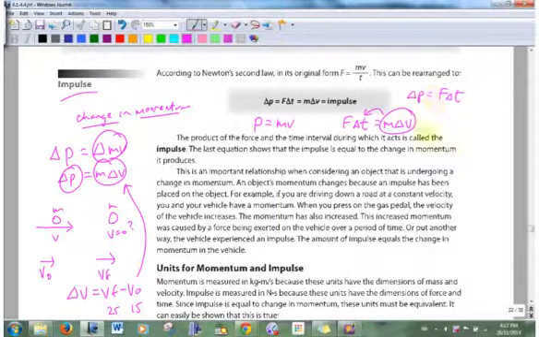So it's two ways to say it. And of course, change in momentum is called impulse. So some force over some period of time will change the speed. Maybe it'll make it slow down, maybe it'll make it speed up. Okay, that's the concept of momentum and impulse.